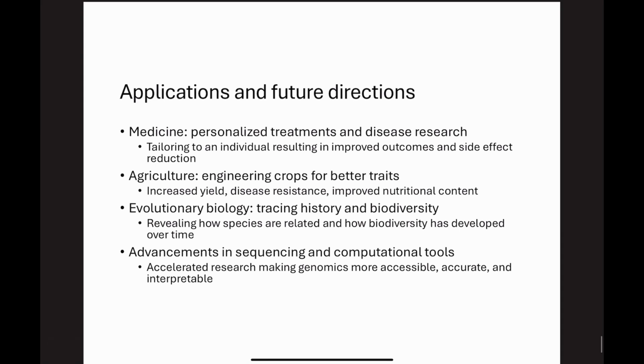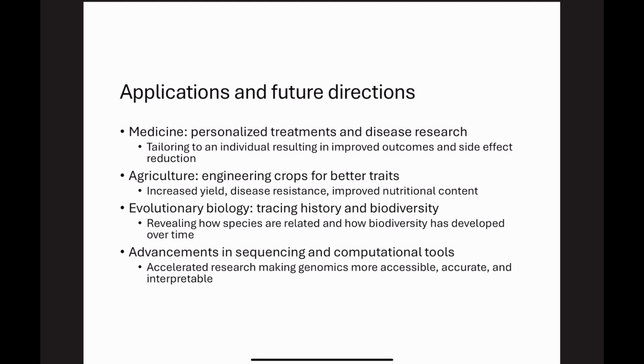So for the future, genomics and proteomics have applications in so many fields. In medicine, they're able to identify genetic mutations that have been linked to diseases and develop personalized treatments. In agriculture, they help engineer crops with improved traits, such as drought resistance and higher yield.